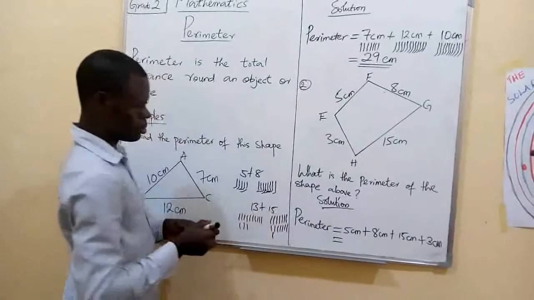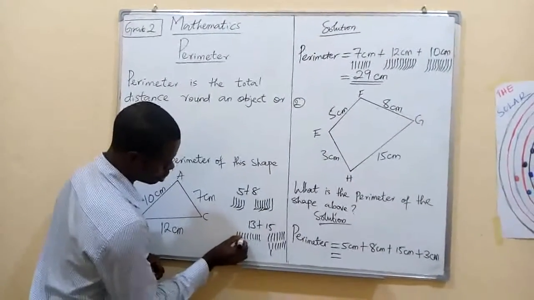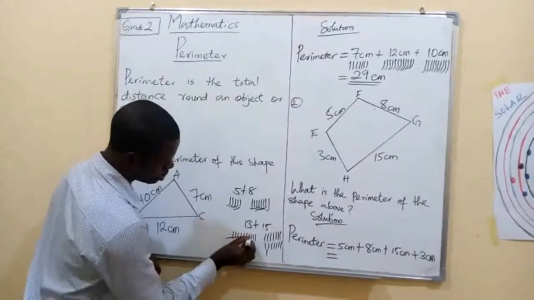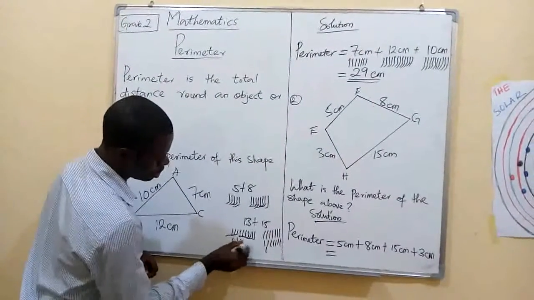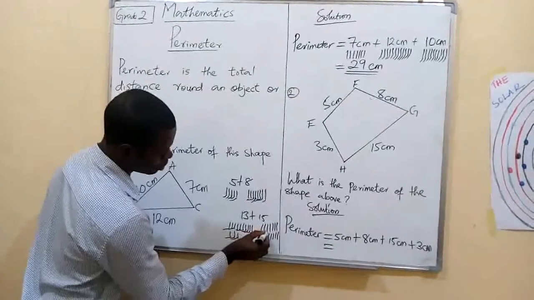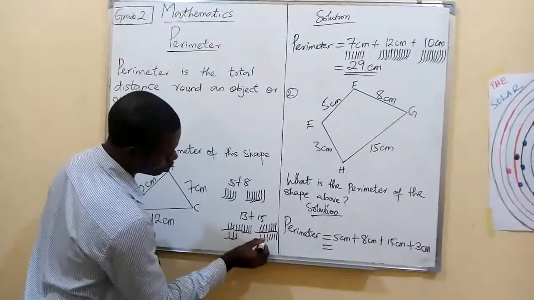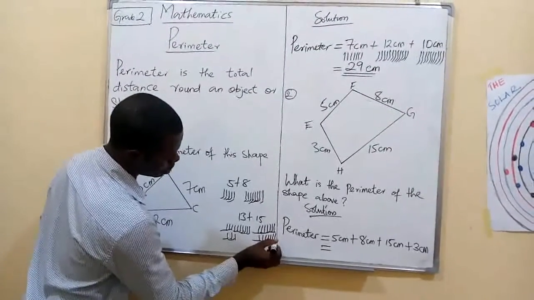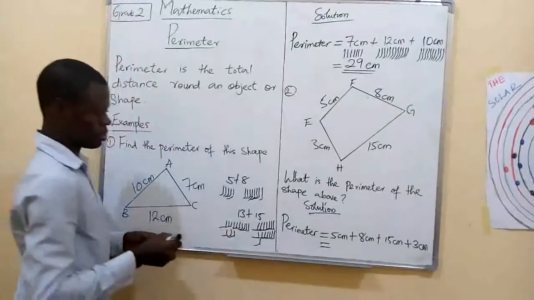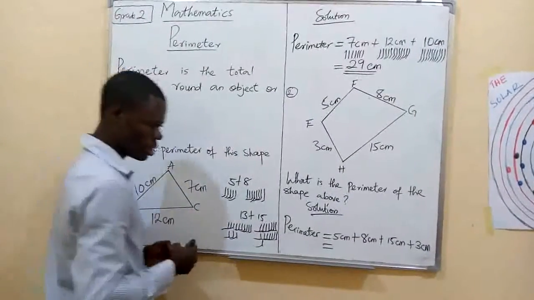So next you add them together and count. 1, 2, 3, and so on up to 28. So 13 plus 15 is what? 28.